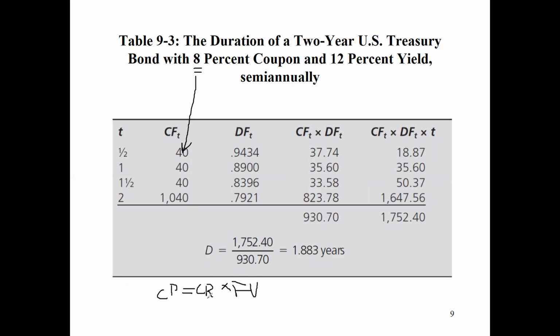So coupon rate 8% of 1,000 is $80. That $80 should be divided by 2 because it's an annual $80. When we divide by 2, we make it semi-annual, which is $40. So the semi-annual effect takes place when it's 40 from 80 divided by 2. Then we convert it into a semi-annual basis.